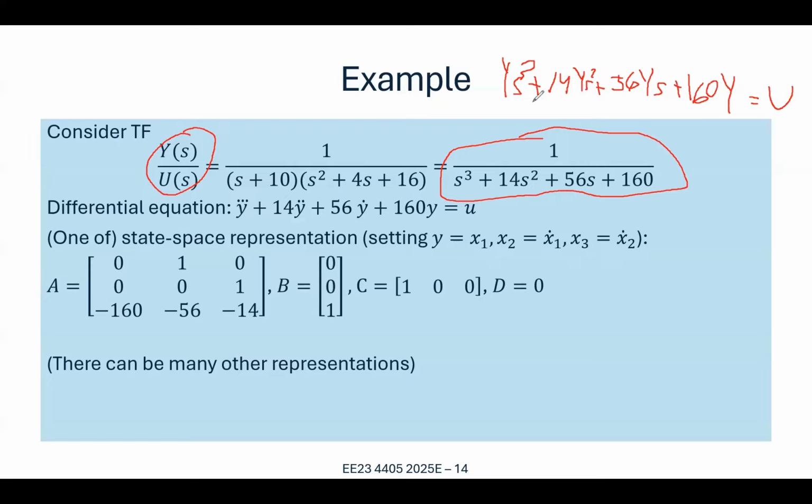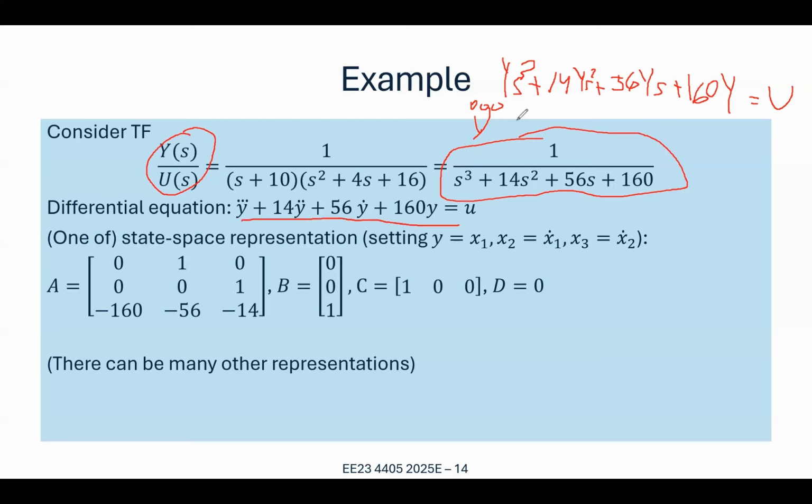So y s cubed, if we consider this as the differentiations, the derivatives, right? So s corresponds to y dot, s squared corresponds to y double dot, and so on. So here we have the differential equation like this.